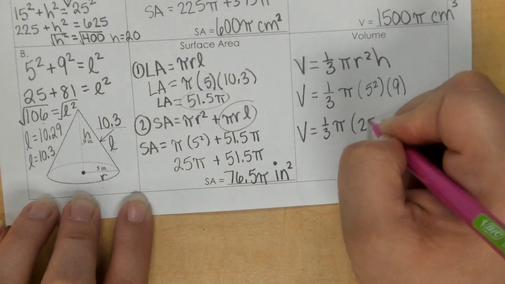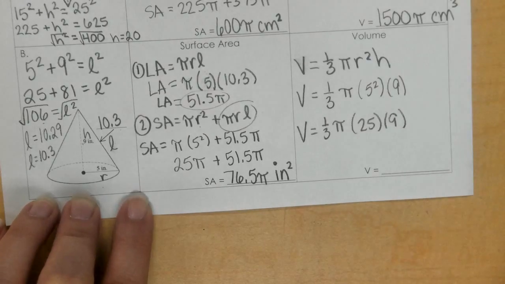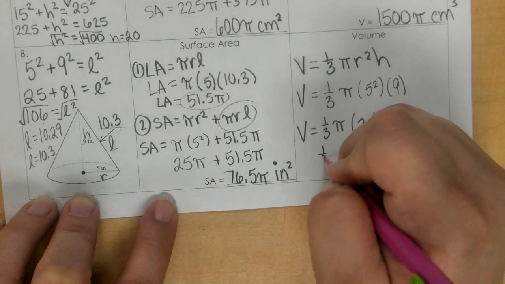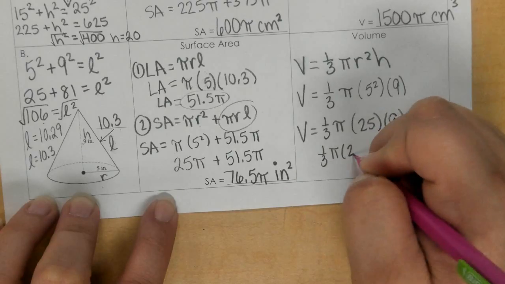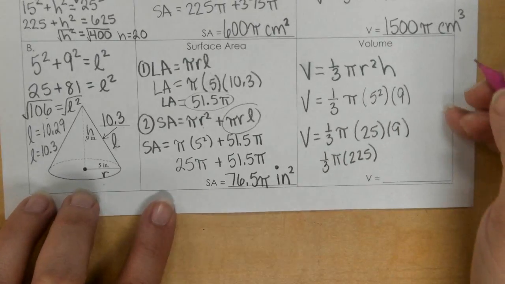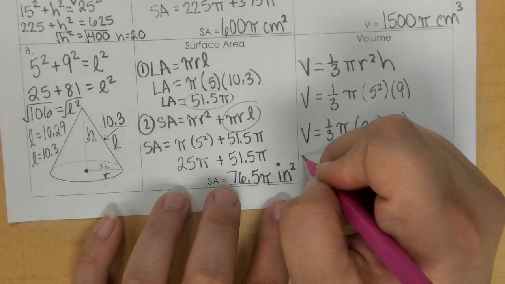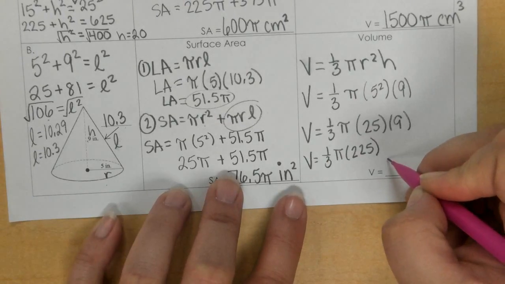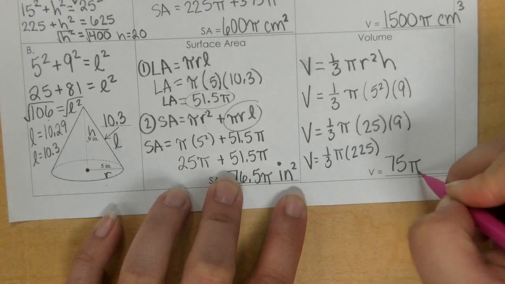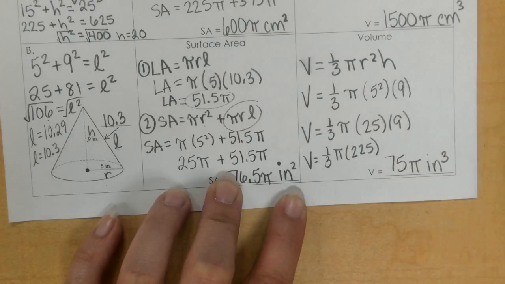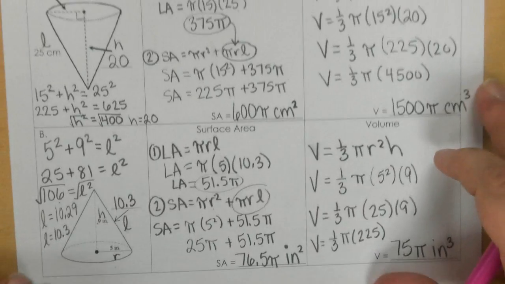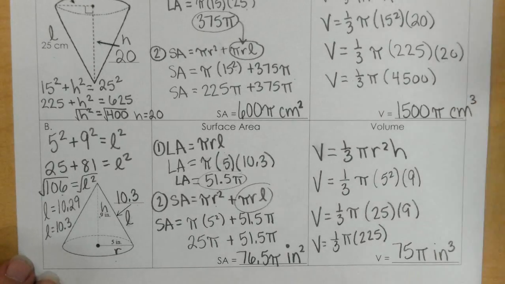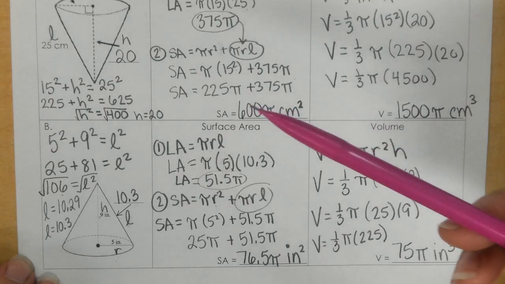So 25, and then that would multiply to be 225. We divide that by 3, and we get 75 pi inches cubed.